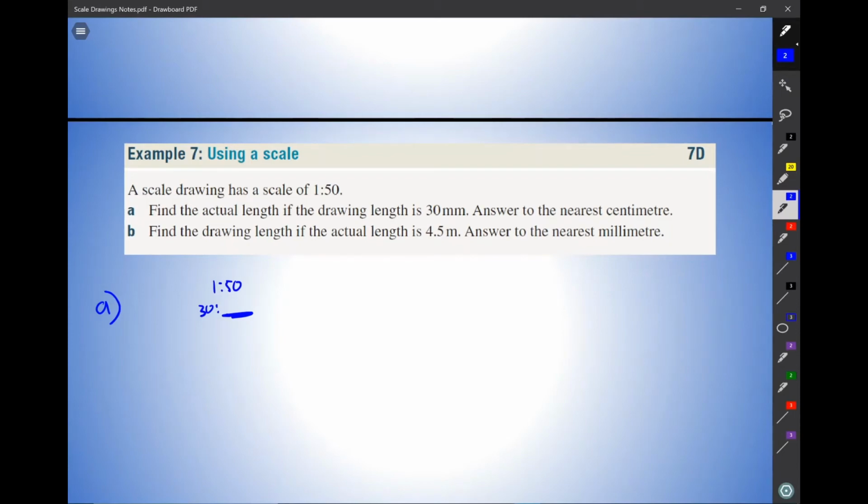So the simplest way to do that is just take our scale and times it by our 1 part. And we end up with 1500 millimeters, and the question tells us to answer in centimeters, so we just divide it by 10 to put it in centimeters.